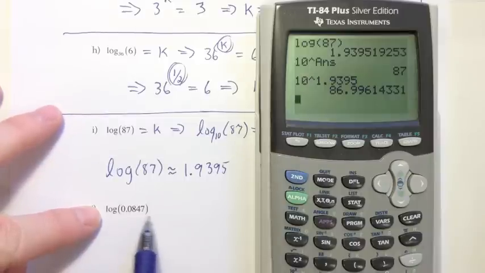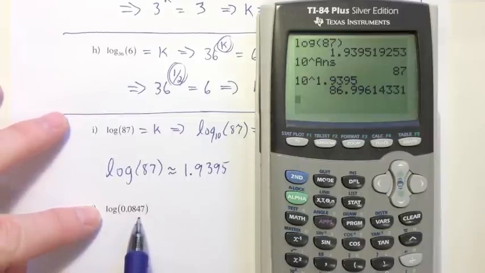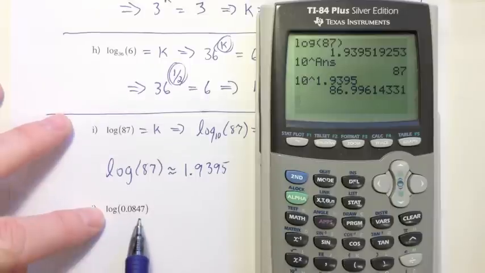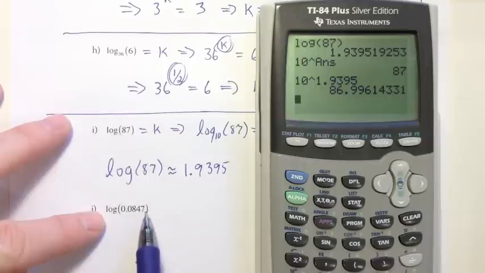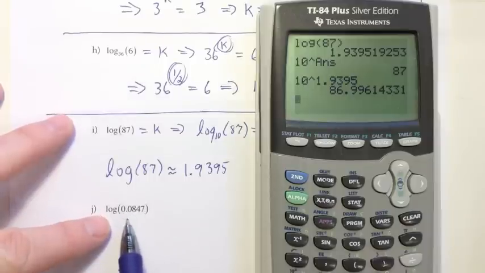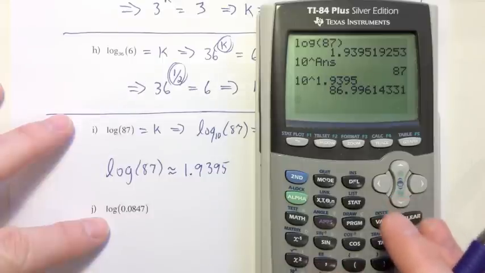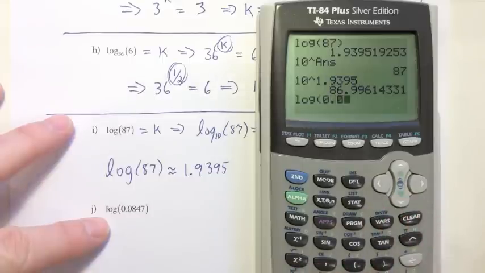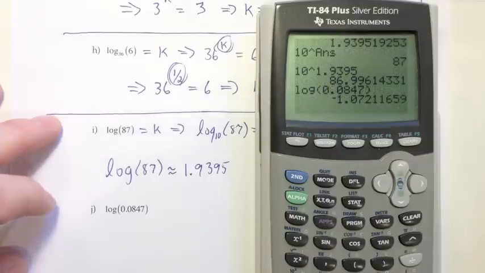10 to what power is 0.0847? 10 to the first would be 10. 10 to the 0 would be 1. So this must be 10 to some negative power that's going to give me that. So let's see. Log of 0.0847 is indeed negative.